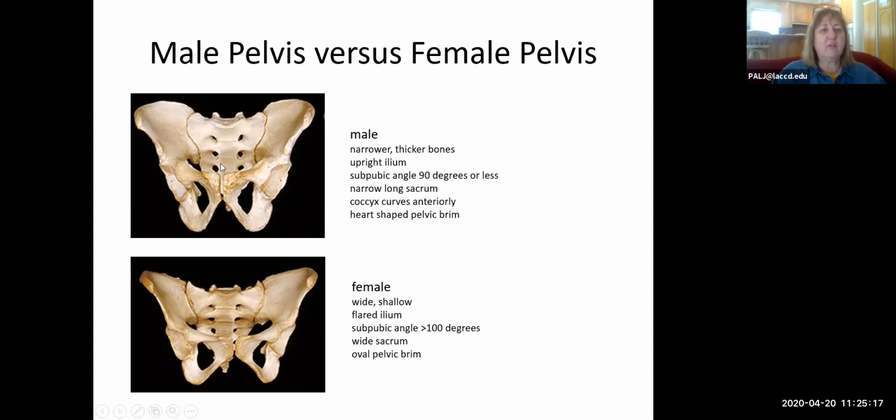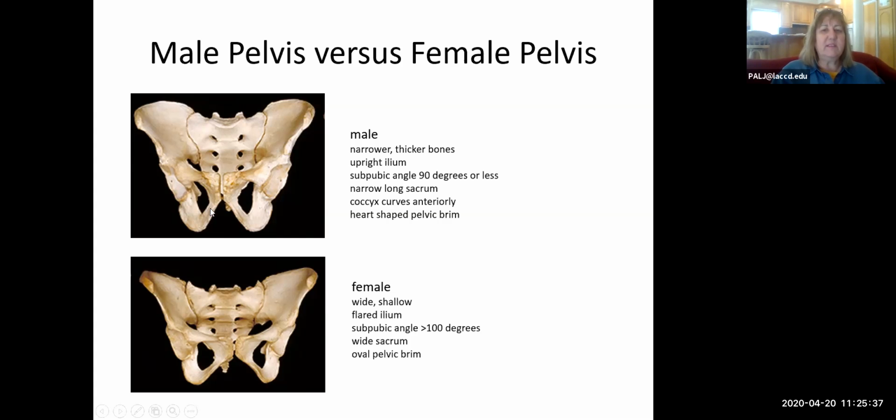If you look at the sacrum in the male, it's very narrow and long, whereas in the female, it's wider. That contributes to the wideness of the female pelvis. We want the female pelvis to be wide so that the baby can fit through and the head can turn 90 degrees and go through as well.